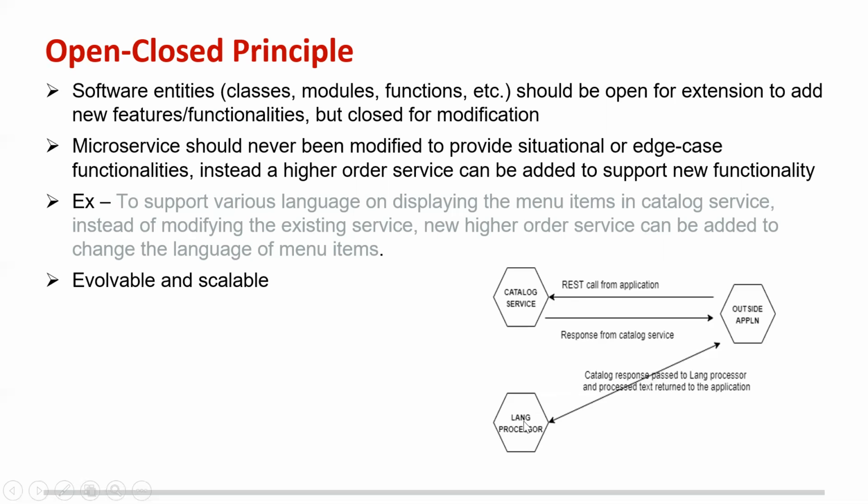Then it accesses the language processor, where the menu items, which are right now in English, are transformed to the language requested by the outside application. So the open closed principle is followed in this design because we are not disturbing the existing service and we have added the new feature.